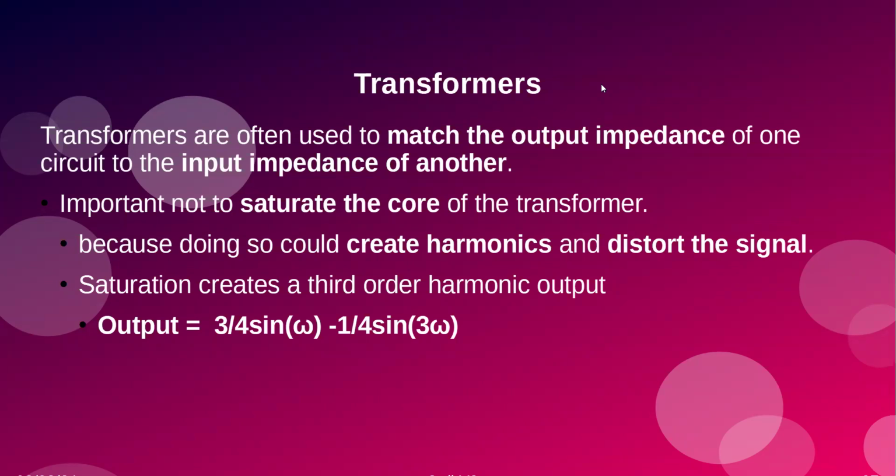So one of the main uses for transformers, besides power, if you see a power supply, is to match impedances, like for antennas. And again, you need to make sure that you're not saturating the core. So if you want to run 1.5 kilowatts, you need to make sure that you've got a sufficiently sized core material in that magnetic transformer.